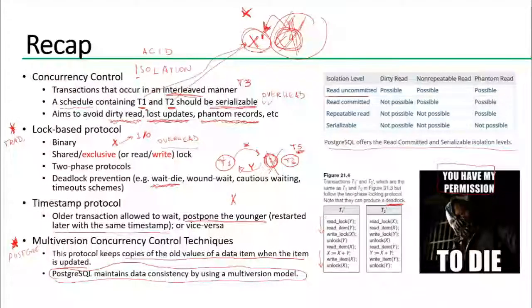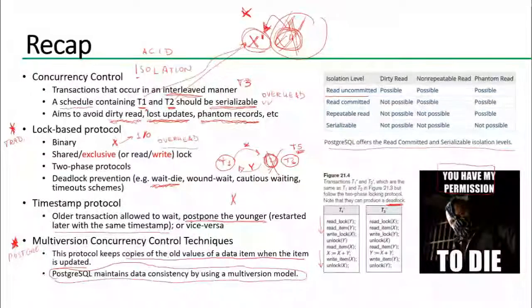The opposite is serializable. Serializable means, for example, you run all the operations of T1 before you run all the operations of T2. This is the best one, always correct, although it implies an overhead. There is no possibility of dirty read, non-repeatable read, or phantom read. PostgreSQL offers read committed and serializable.